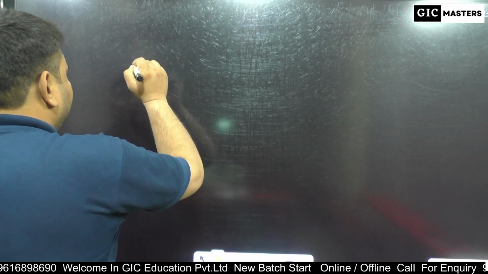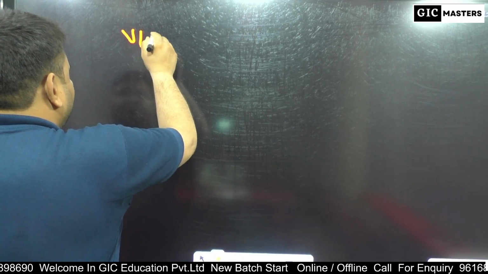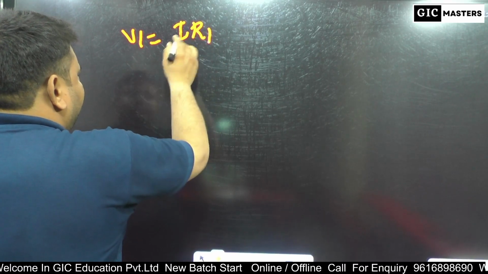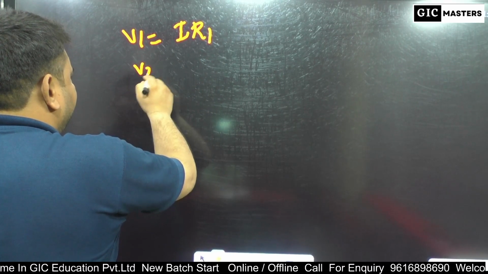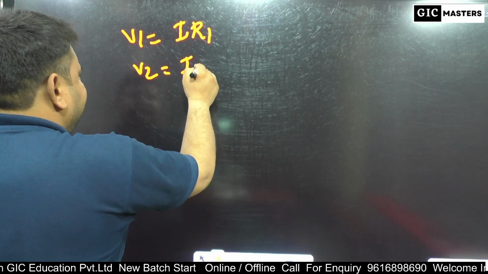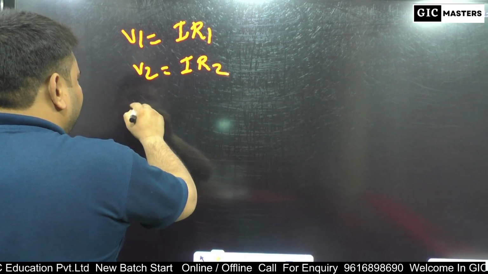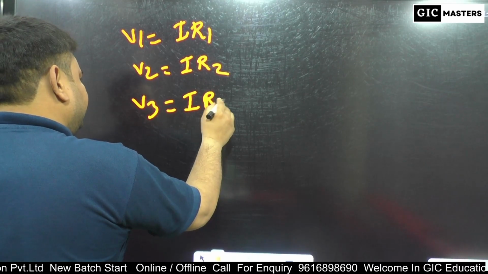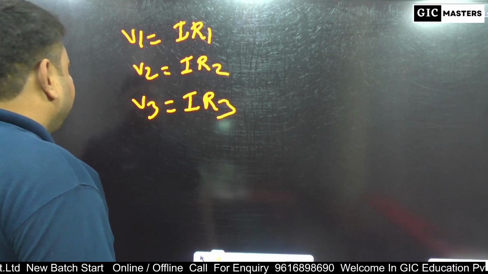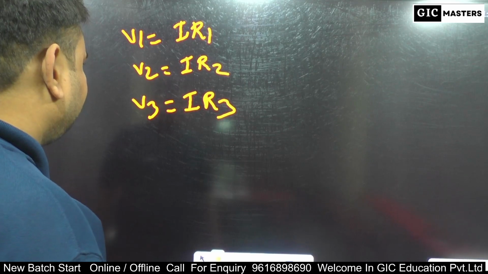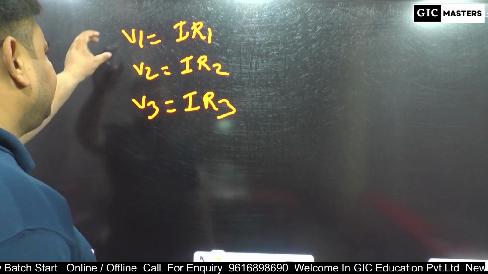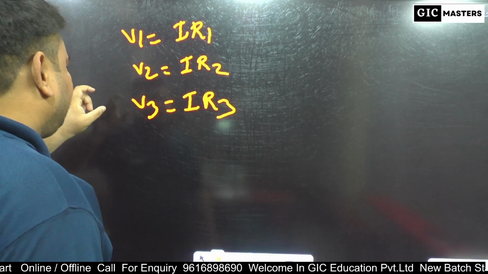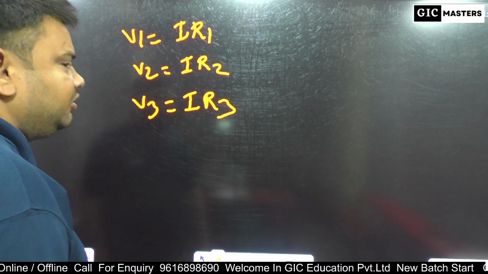So V1 equals I into R1 because the current is the same. V2 equals I into R2 and V3 equals I into R3. V1 is the voltage across R1, V2 is the voltage across R2 and V3 is the voltage across R3.